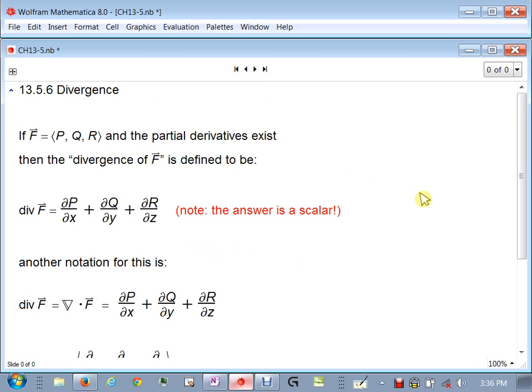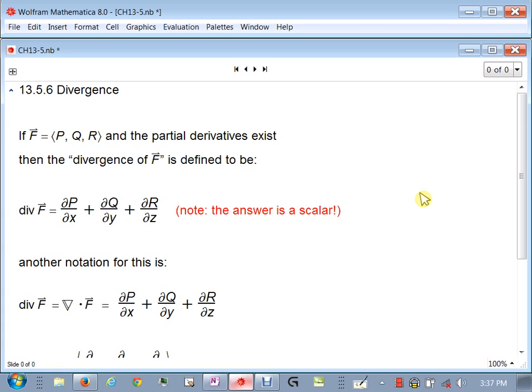Now, let's look at that compared to divergence. If F is PQR and the partials exist, then the divergence of F, which is a number, is defined to be, this is probably the easiest computation in all of Cal 3 ever. Out of everything we've done, this is probably the easiest computation that you've ever had to do. You're given a vector field PQR.